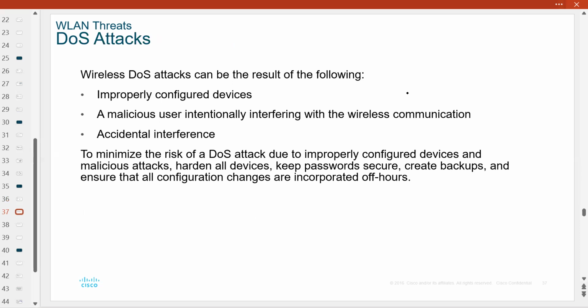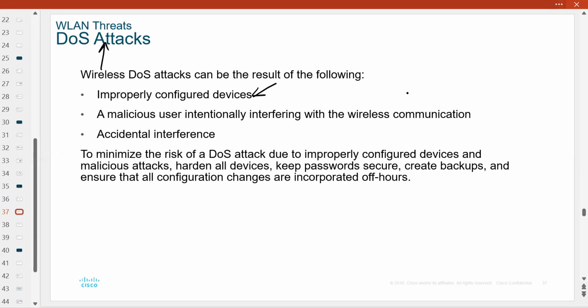With improperly configured devices, it's not always a malicious user who results in an organization having a DOS attack. It could be an engineer who doesn't know the job and configures the network wrongly. If that network is not configured properly, then clients' devices won't get access to the network.